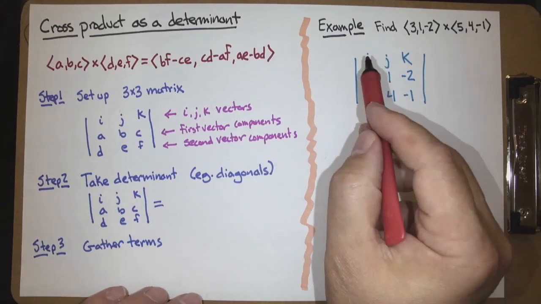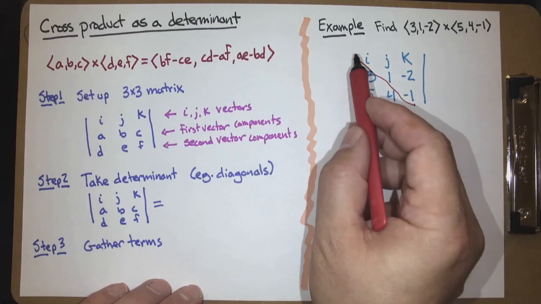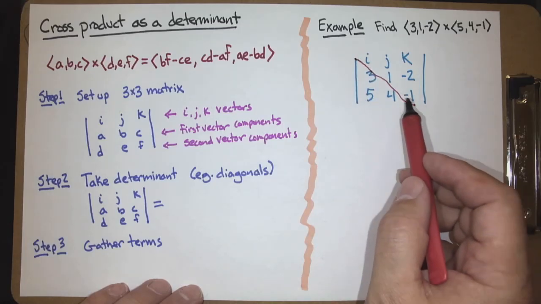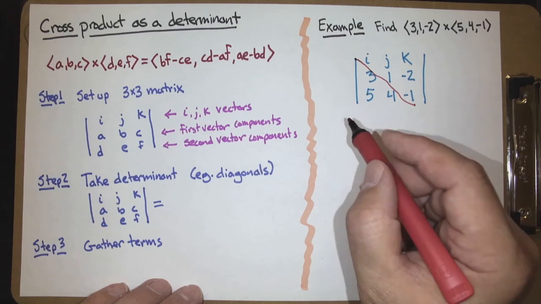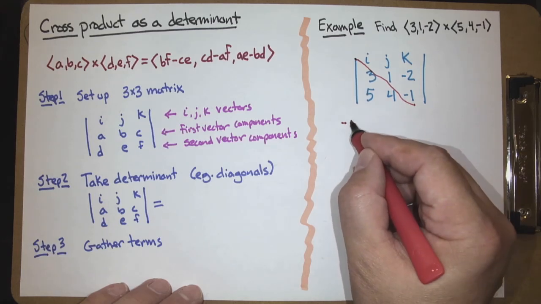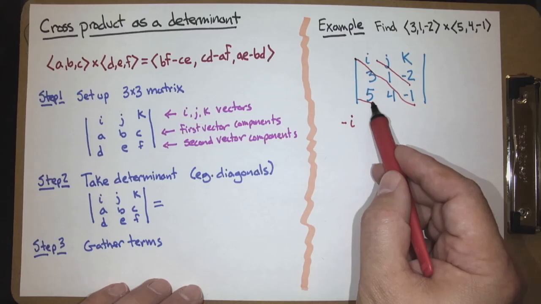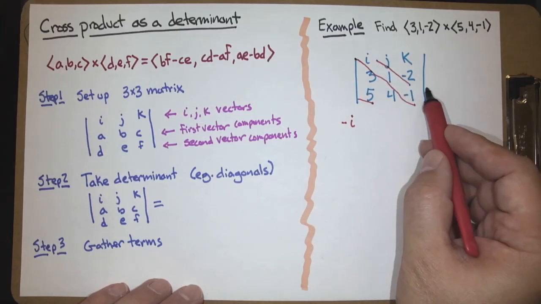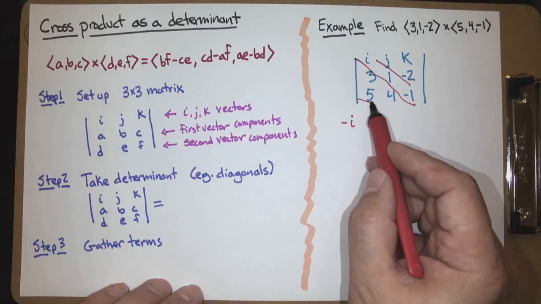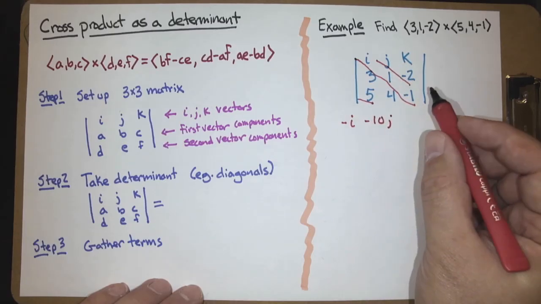Let's do the going downs first. I, 1, negative 1, and I multiply those entries together. I times 1 times negative 1, negative I. J times minus 2 times 5. See, I hit the wall, wrap around, 5. Negative 10J.